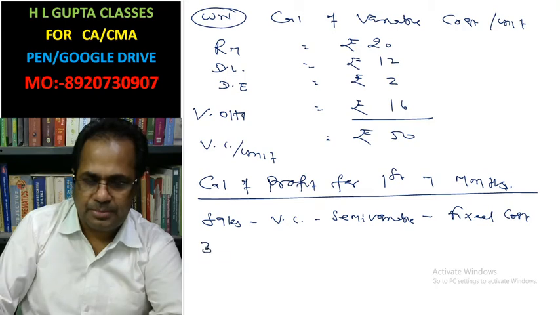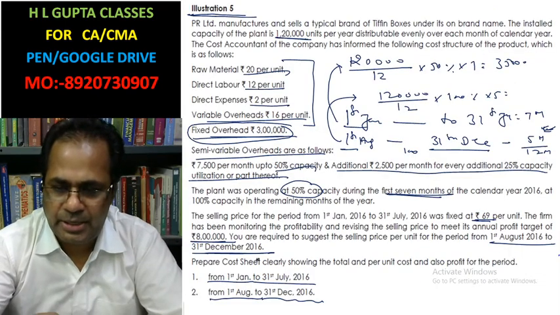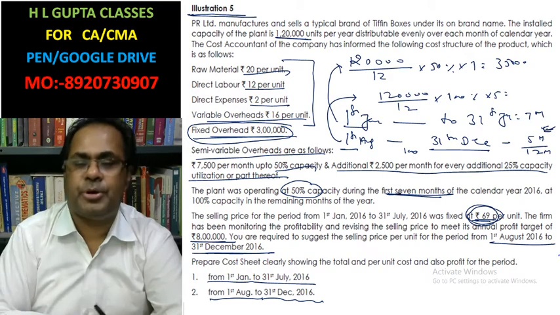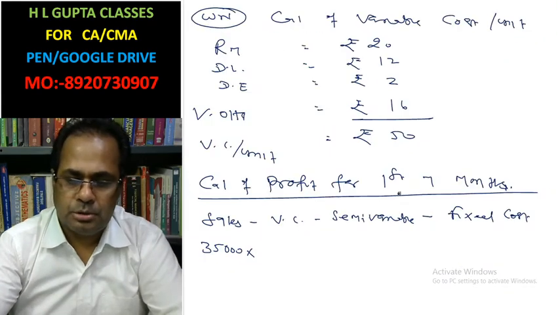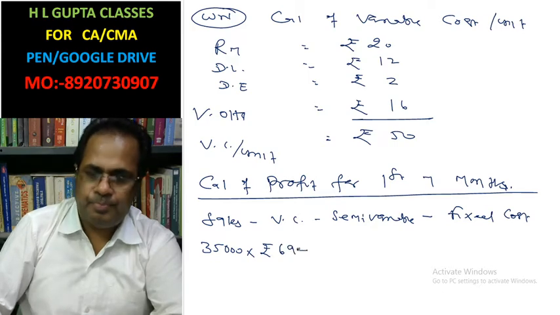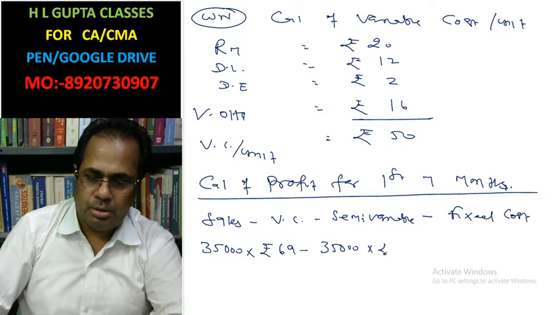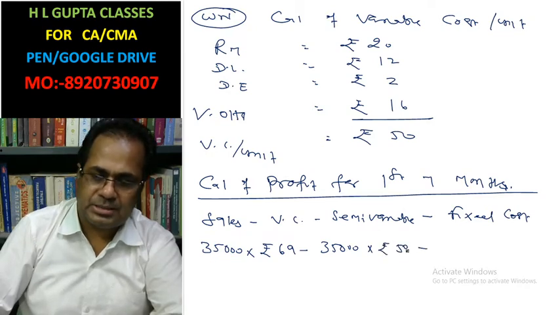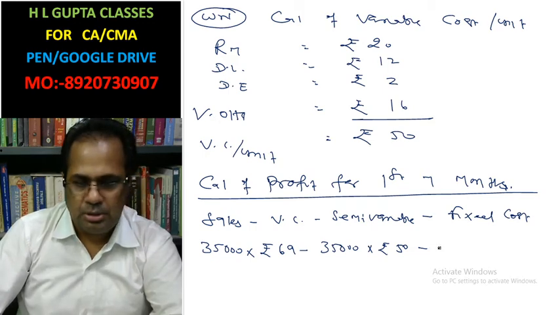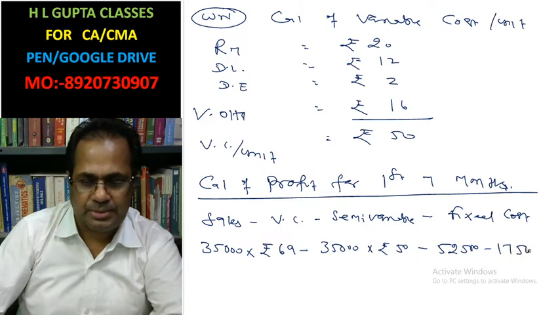The sales are 35,000 units at the selling price of rupees 69 per unit, minus 35,000 units at rupees 50, minus the semi-variable cost already calculated as 52,500, minus fixed cost 1,75,000.